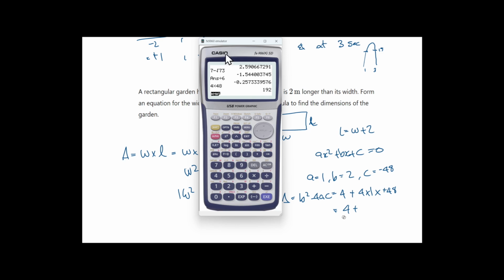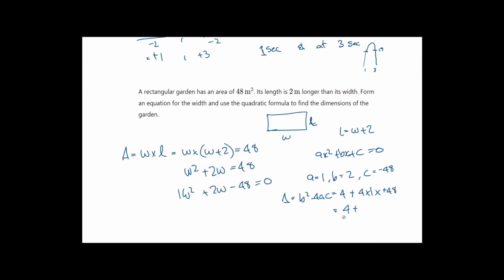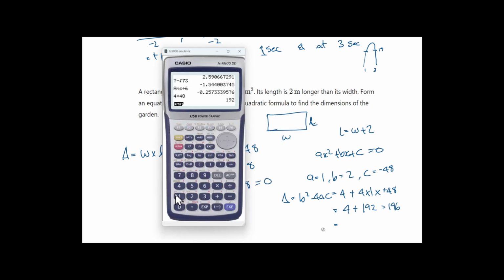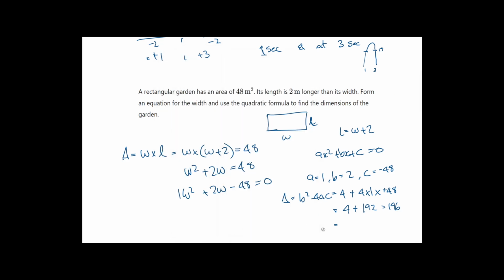Okay. Oh, well, 4 plus 192 is 196. And I know that 196 is a perfect square. So the square root of 196 is 14. 14 times 14.